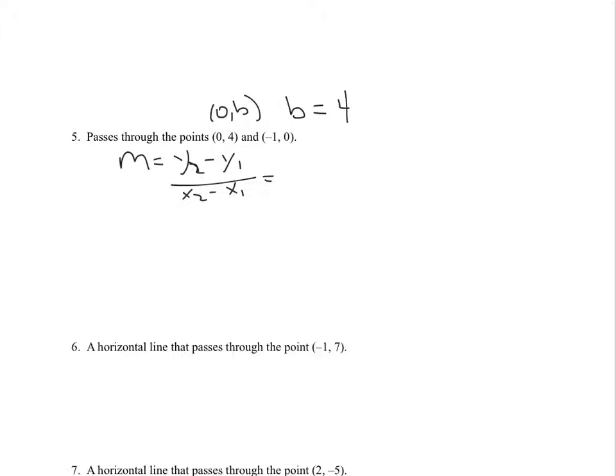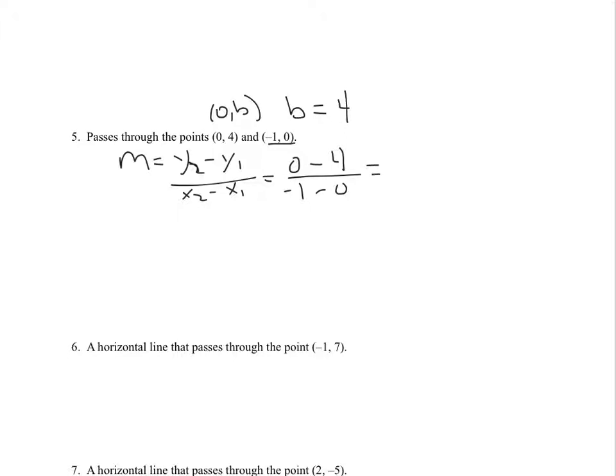I'm going to call this second pair that I see here my x2, y2. So I'm going to start with 0 minus, and my y1 would be 4, over, come back and get the same x that went with 0, and I have negative 1 minus 0.